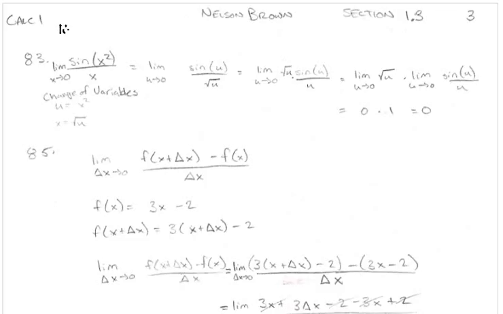So we have the limit as x goes to 0 of sine of x squared over x alone, right? One thing that we can look at is say, hey, if this was squared, I wonder if I can change the color here. One moment. Okay, there we go.